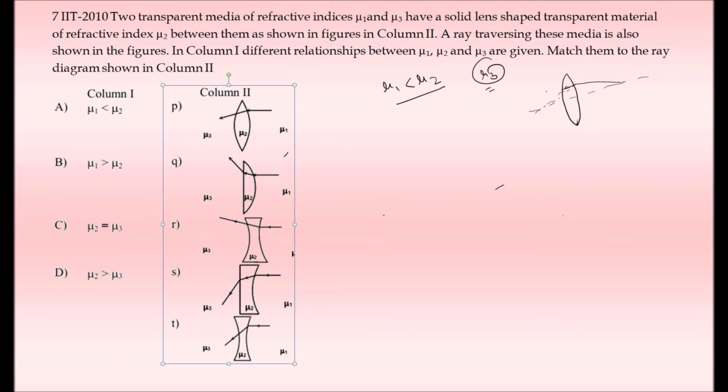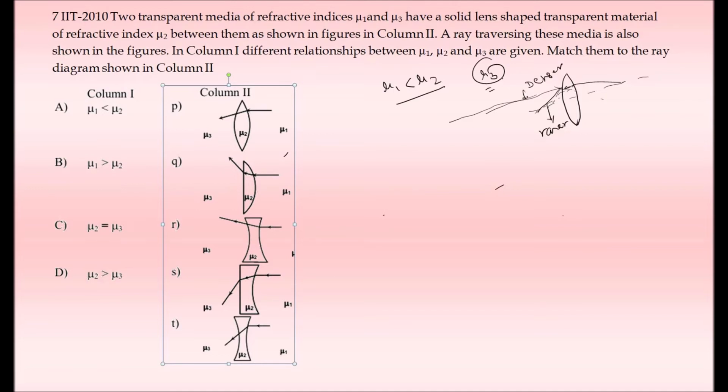Now if mu3 is less than mu2, then it will move away from the normal line, that is it will strike the principal axis. And if it is denser with respect to mu2, then it will move away. So the light ray from here may move in this way or it may move that way. This is true for a rarer and this is true for a denser.